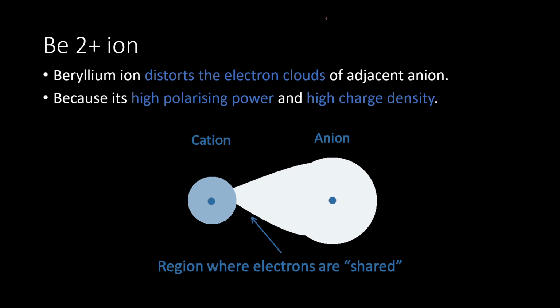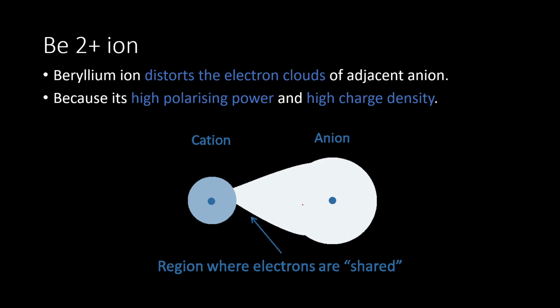So this is the beryllium ion. As I mentioned earlier, beryllium is the smallest, and it likes to attract the valence electrons. Hence, the beryllium ion, Be2+, can distort the electron clouds of the adjacent negative anion. That is because the beryllium ion has high polarizing power and high charge density. From this chart, we can know that the beryllium ion has high polarizing power because it can easily distort.